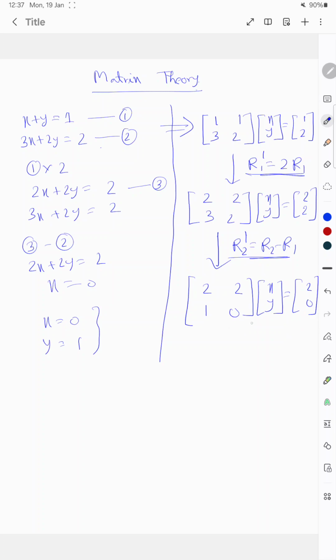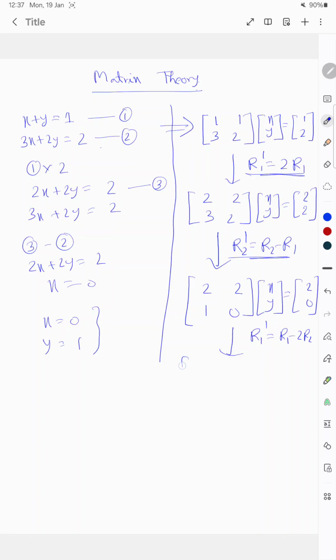Now if you consider one more operation, for example 2 into r1 dash is equal to r1 minus 2r2.